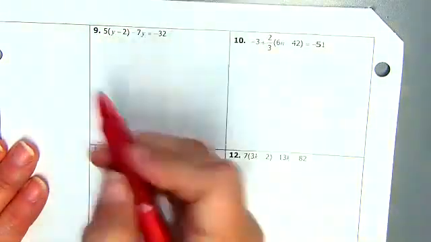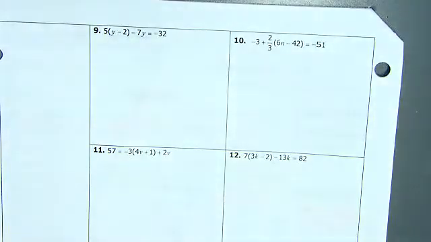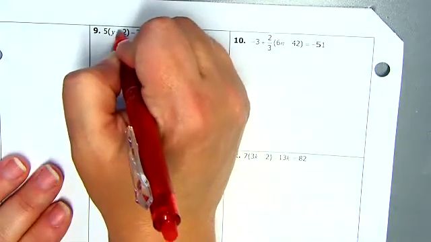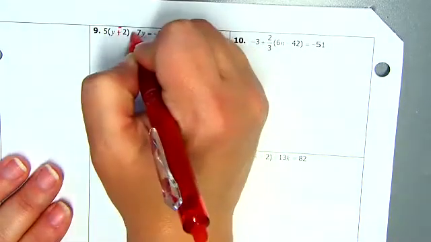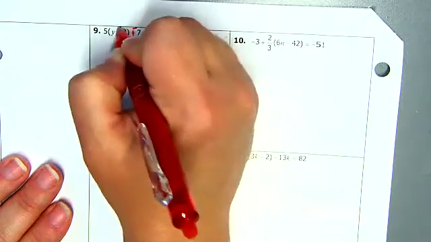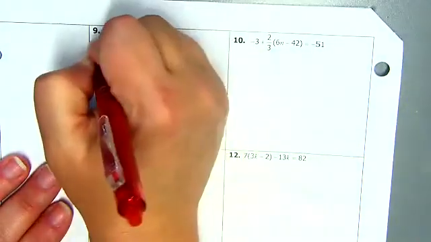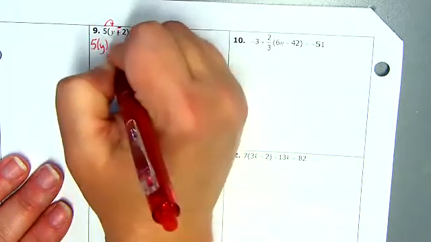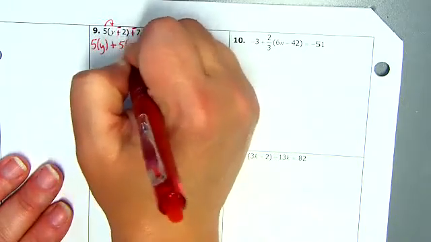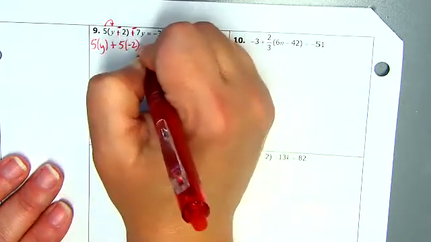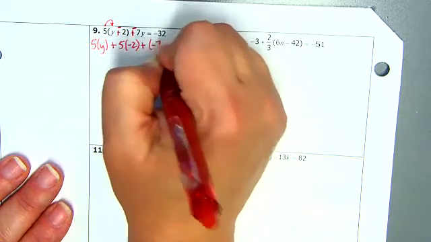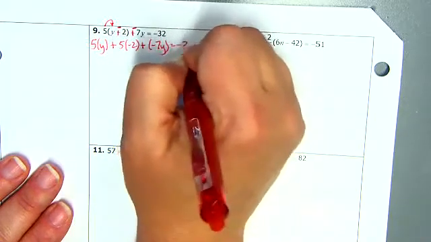I think it's helpful to go through and change any minuses to plus a negative, because it makes sure I remember the sign of that number. So I'm doing 5 times y, so I'm going to go ahead and write that. 5 times y plus 5 times negative 2, and we bring down the rest, plus negative 7y equals negative 32.